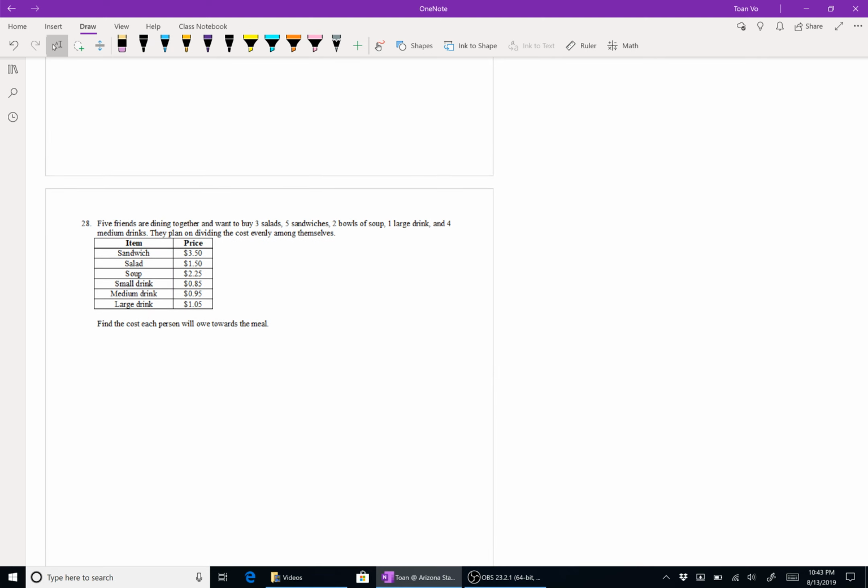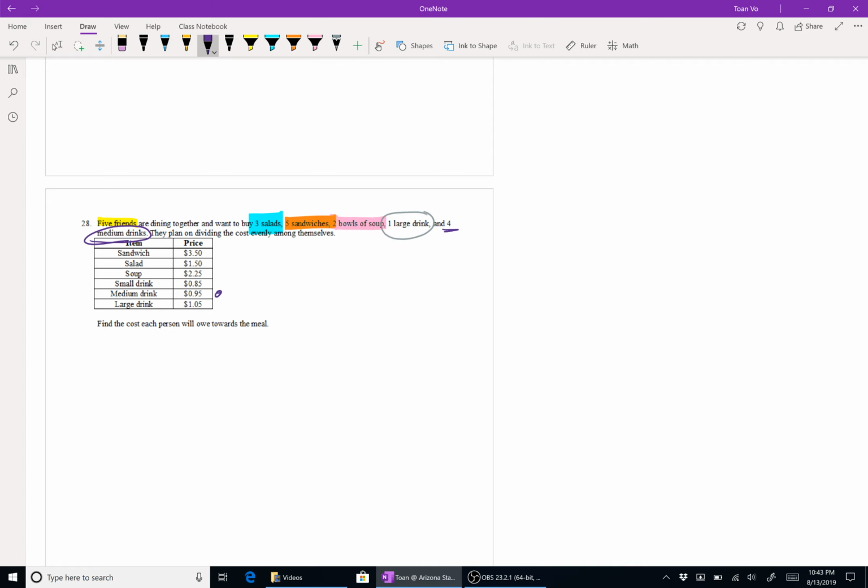Number 28 looks like it's a lot of info. 5 friends. They want to buy 3 salads. Let's see if I can color code this. 3 salads, 5 sandwiches, 2 bowls of soup, 1 large drink, I'm running out of colors, and 4 medium drinks.